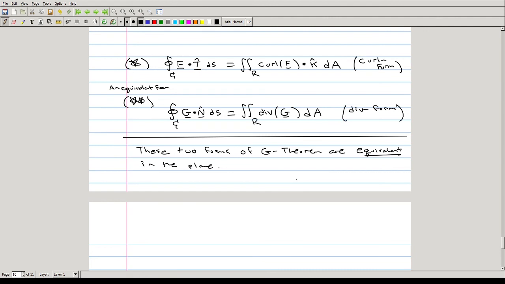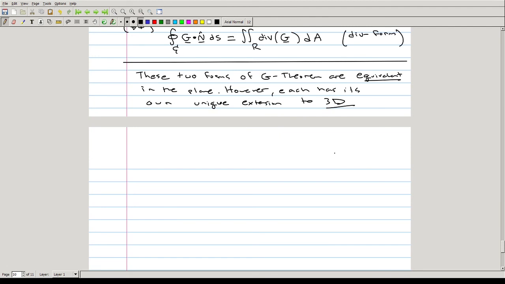However, each has its own unique extension to 3D. And this is what we'll be moving into in the next few lectures. Right? The extension of Green's theorem into 3 dimensions.